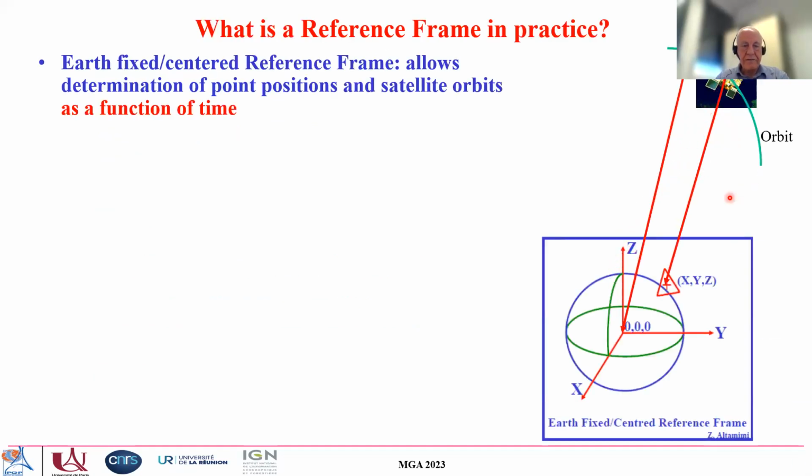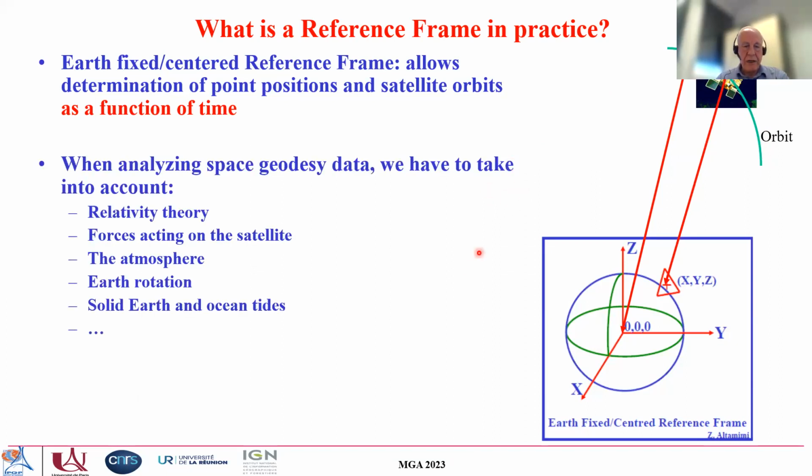So what is a reference frame in practice? It is an Earth-fixed centered reference frame that allows you to determine station positions, but also satellite orbits, as a function of time. When we analyze space geodesy data, we have to take into account relativity theory, the forces that are acting on the satellite, the atmosphere, Earth rotation, solid Earth, and ocean tides.